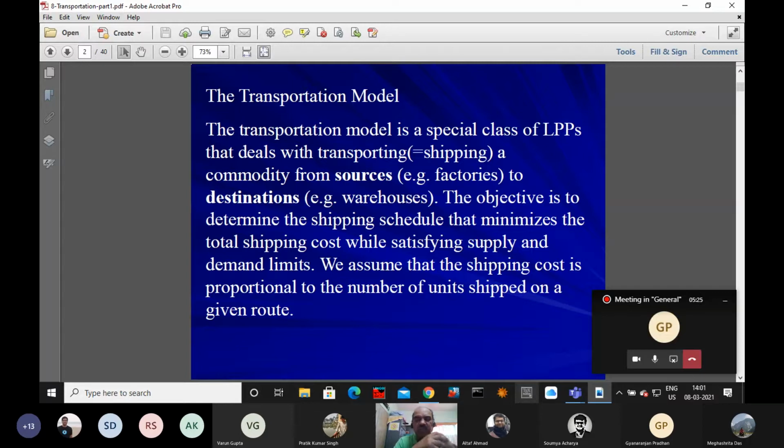So, for example, if you are shipping some commodity from the ith source to a destination, 1 unit costs some amount, and if you transport 10 units, it will just be multiplied. So this is proportional. We assume that the shipping cost is proportional to the number of units shipped on a given route.